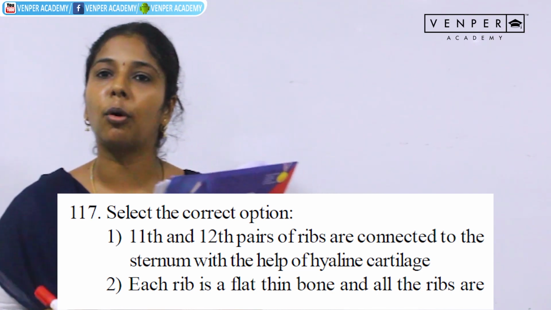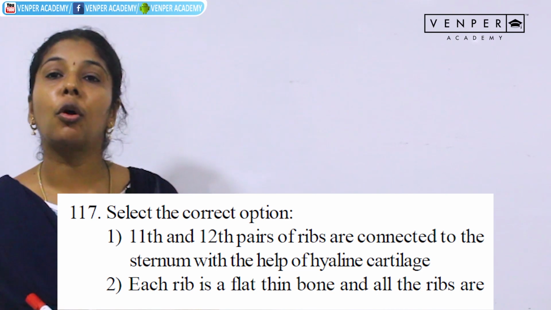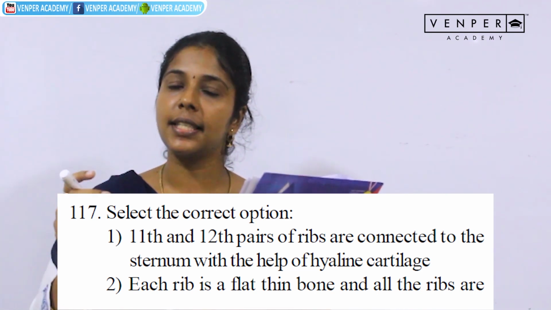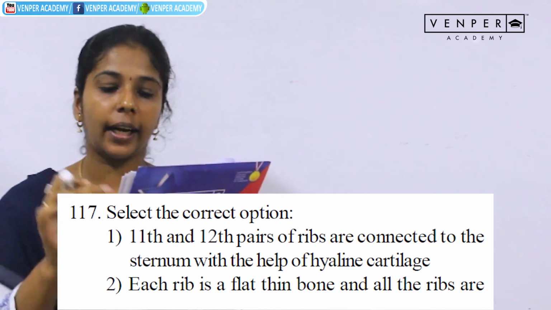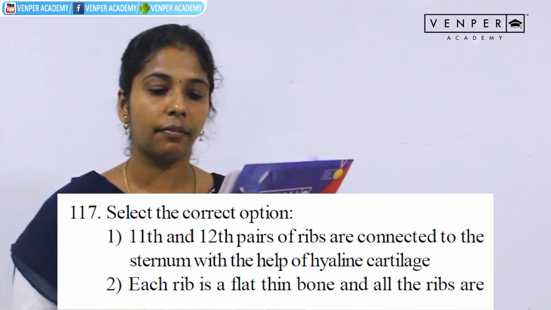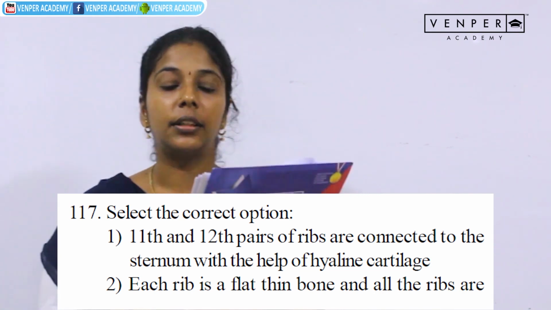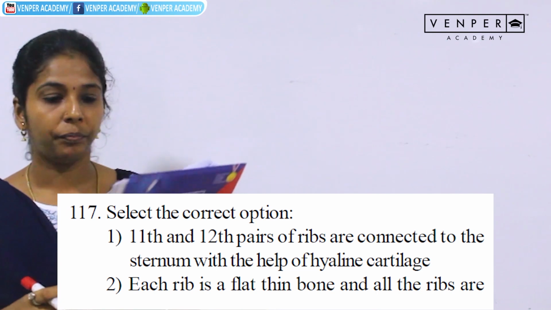So they are called vertebrochondral ribs. And the last 2 pairs are called floating ribs. So they are just attached to the vertebra at the back. So the correct option for question number 117 is the third option: there are 7 pairs of vertebrosternal, 3 pairs of vertebrochondral and 2 pairs of vertebral ribs.